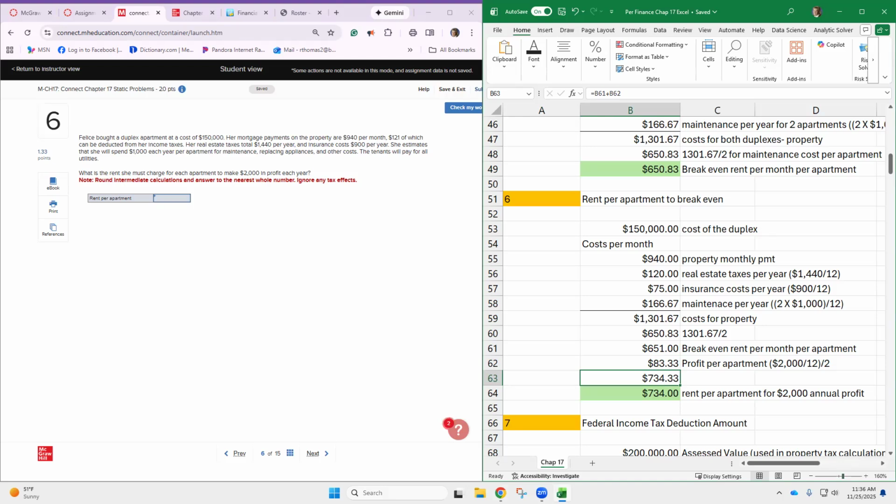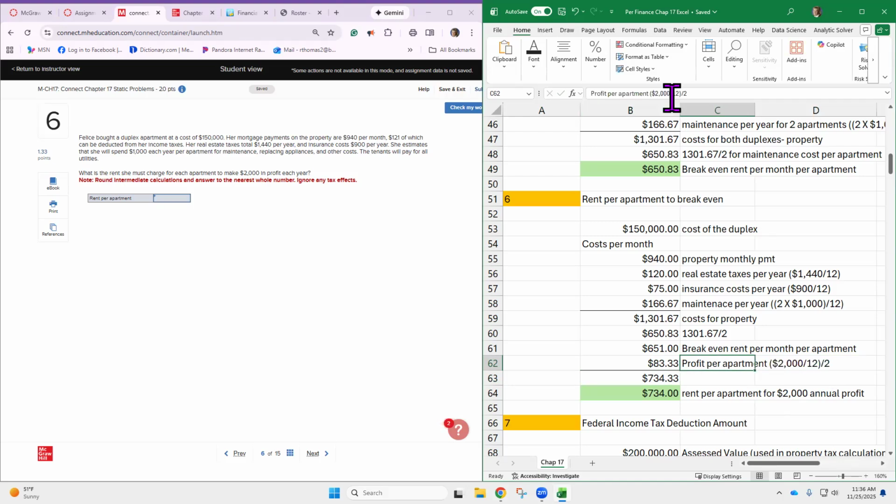So we went from 651 to adding 83.33. You say, where'd you get that? That's the $2,000 profit per apartment. Actually, it's for the property, but we're getting it down to per apartment.